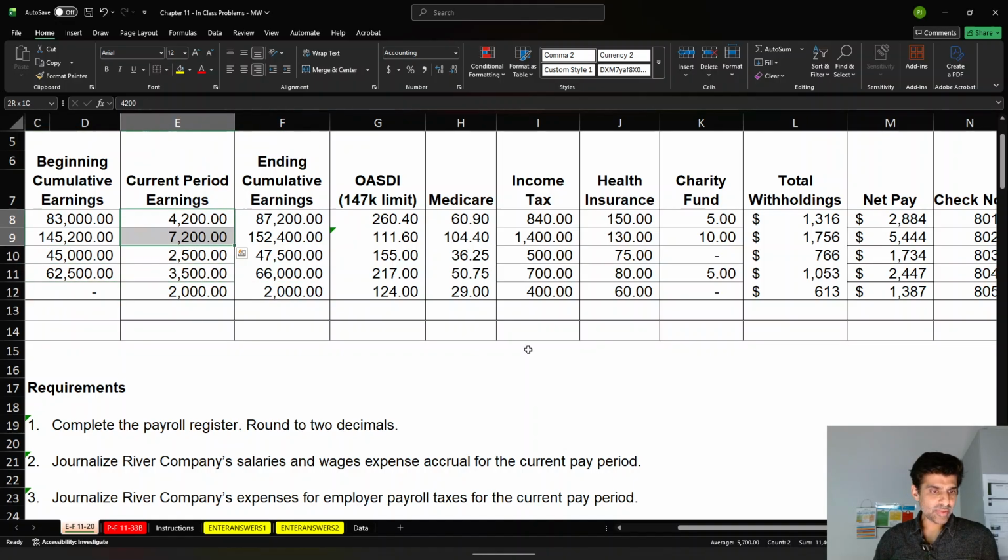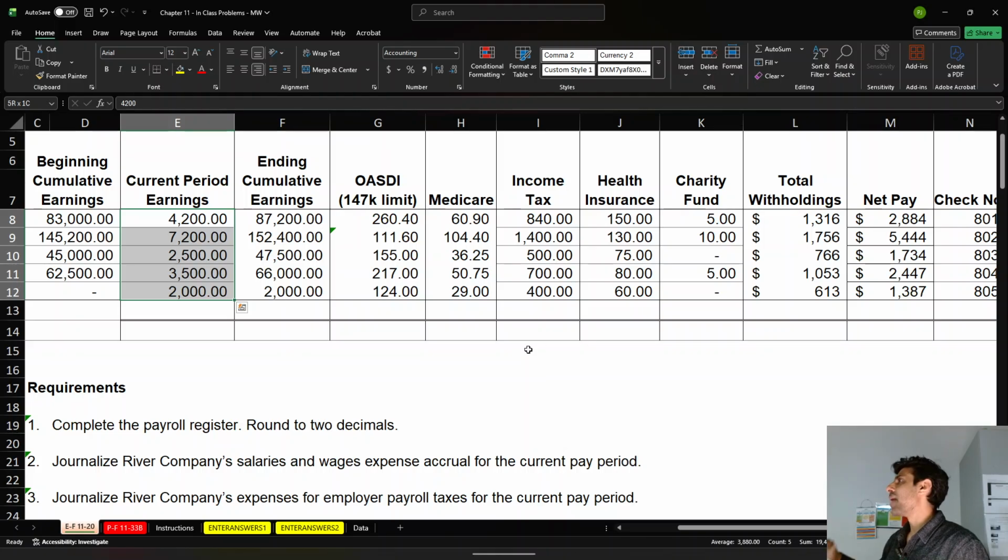This is how much you as the employer are paying your workers. Though they're not having all of that in their paycheck, that is how much your business is expensing, that full amount. Some of it is going to go to the IRS, some of it is going to go to the Social Security Administration on behalf of your employees, but this is the total amount you're actually spending to pay your employee.